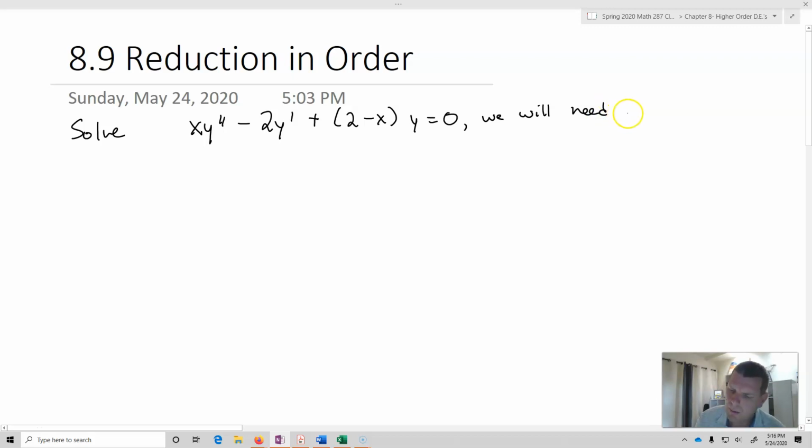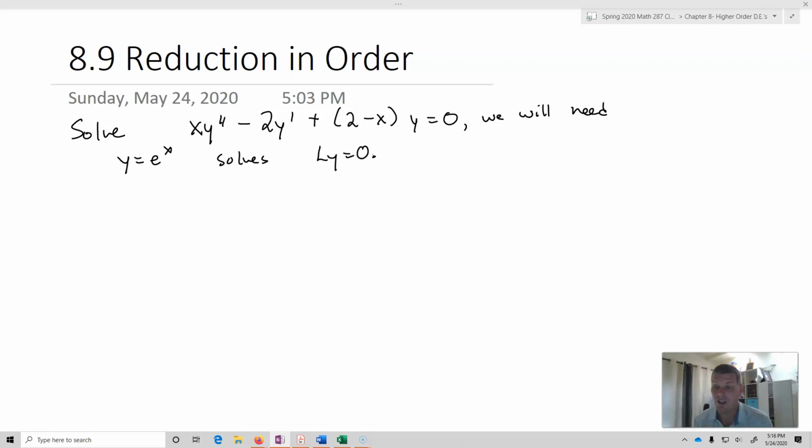We will need y equals e to the x solves Ly equals 0, solves the homogeneous part. So in both cases, we're going to need that to solve the homogeneous part because it's going to allow us to do some cancellation, very similar to what we did in variation of parameters.